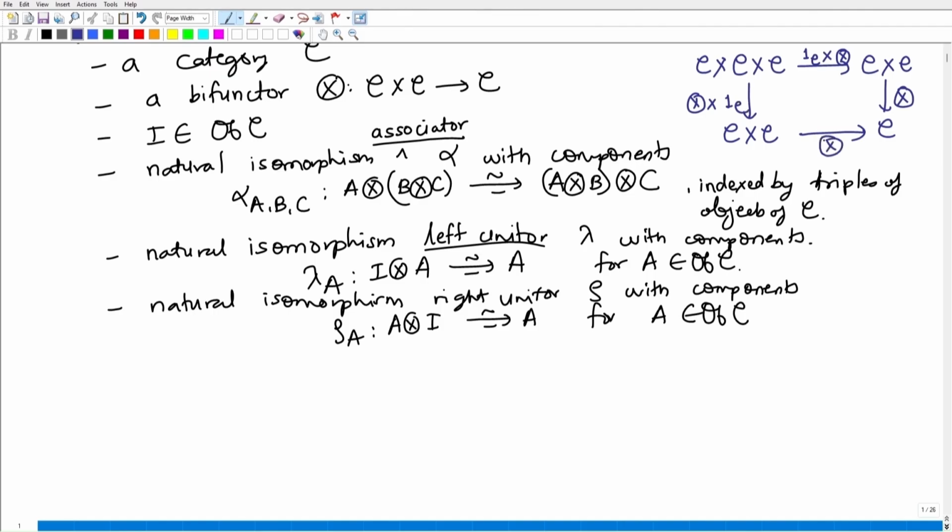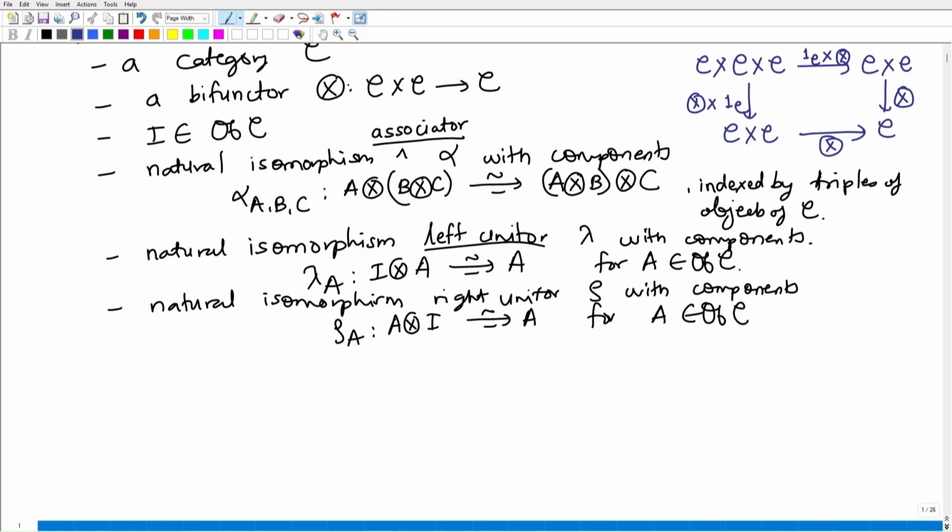Okay, so there are two different natural transformations, two different functors here, because there are two different sides of the commutative square. But of course, this square doesn't commute up to equality, it commutes up to alpha. That's what we are talking about.